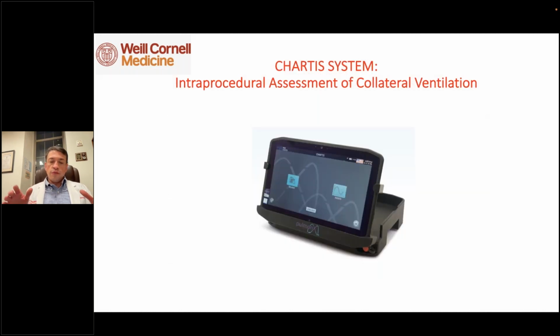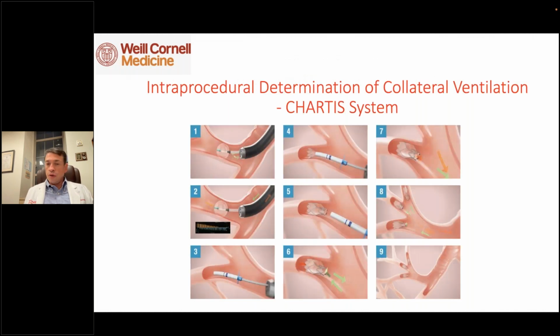So we've spoken about fissures radiographically. And right now we're going to talk about fissures functionally. So how do we assess a fissure intraprocedurally before we place valves? So the Pulmonx company has developed their own proprietary machine, which is called the Chartis, and this machine allows you to measure flow by inserting a balloon and inflating it to occlude the target lobe.